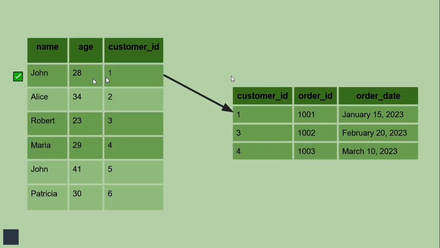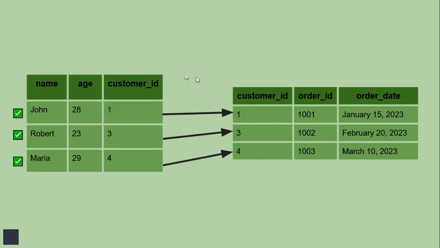So here the inner join is going to ask: do we have a 1? Yes, we do. So it's going to include this row in the result. It's not going to include this one because we don't have a 2 in the orders table, and so on. So here are our matches.